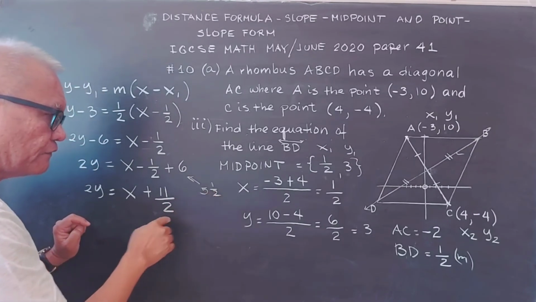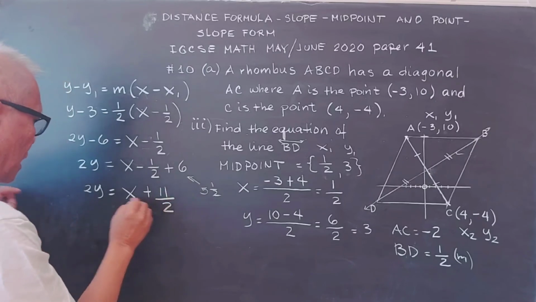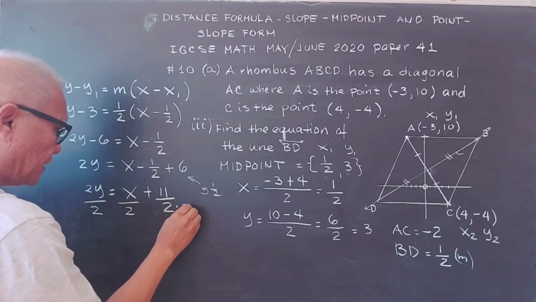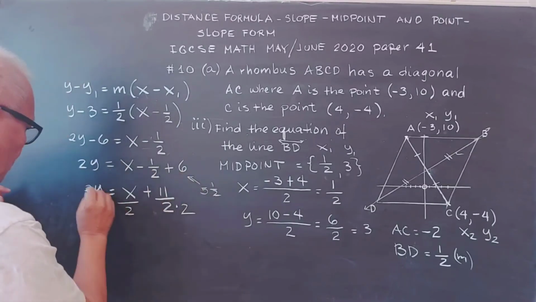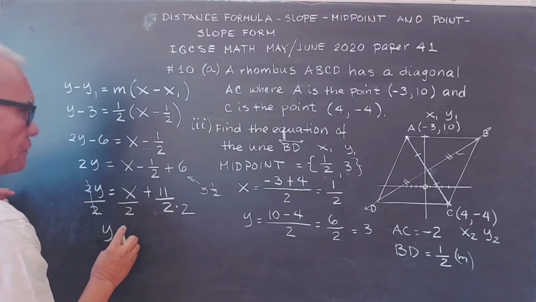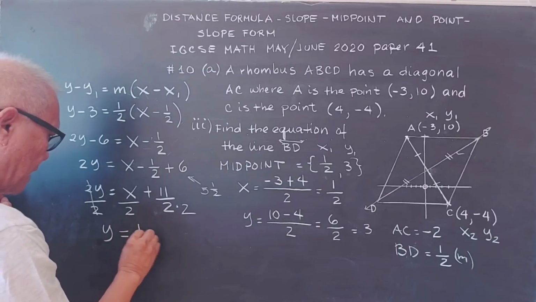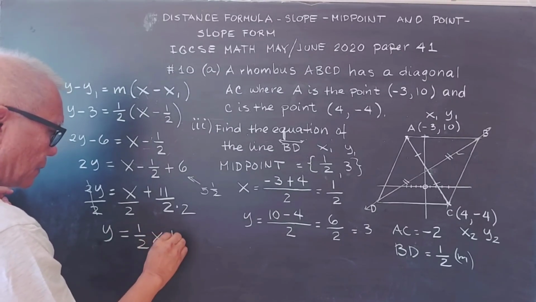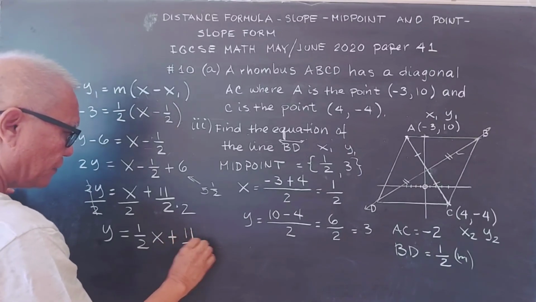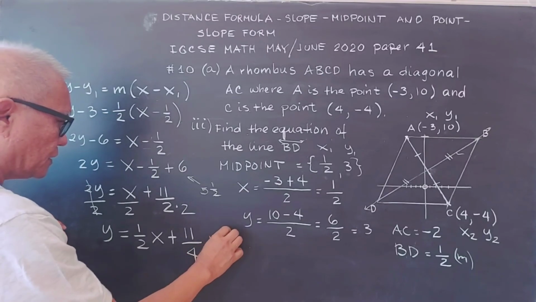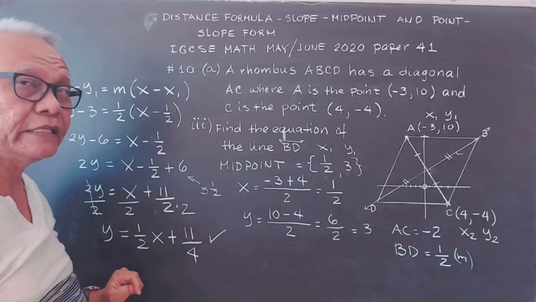We divide this by 2, we divide this by 2, we divide this by 2. So our formula for BD is y equals 1/2 x plus 11 over 4. So this is the equation of line BD.